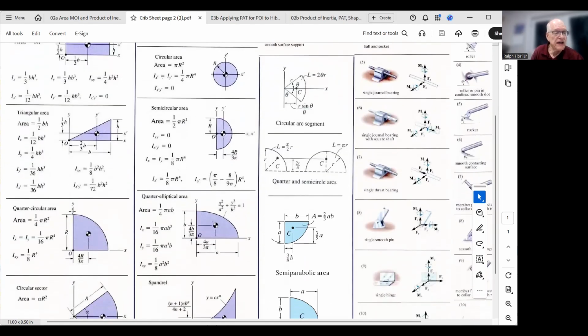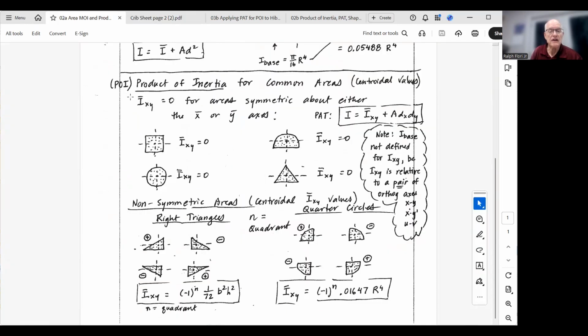For the quarter circle, he gives the I origin value at x and y, but he doesn't give the centroidal value. The centroidal value, according to my sheet, let's look and see. A quarter circle at that orientation should be negative about the centroid. It's positive about the x and y, but it's negative about the centroid.